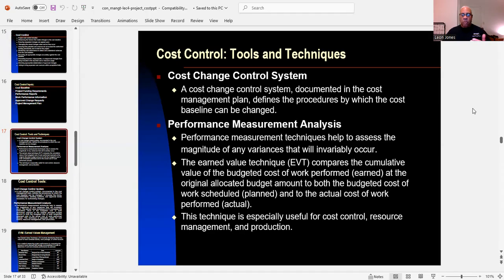And under performance measurement analysis, well, it's basically techniques to help assess the magnitude of any variances that will invariably occur.